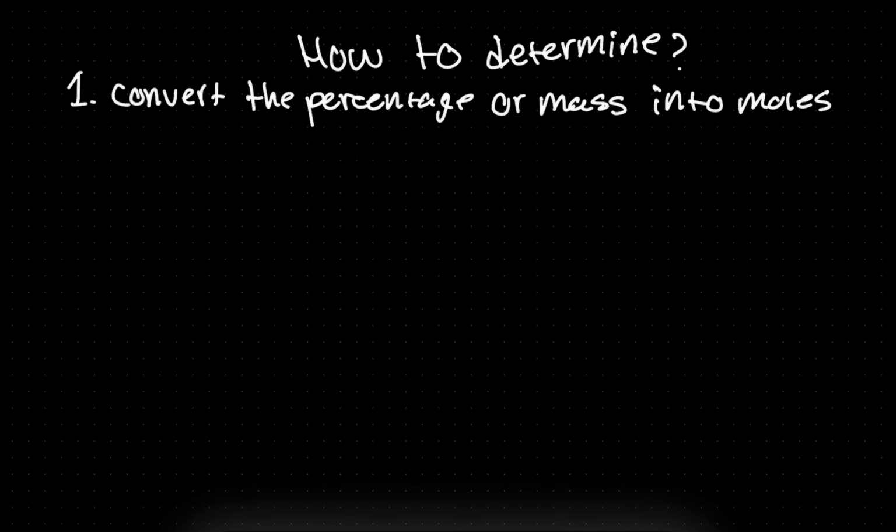That's simple, right? It's in one of my previous videos. You just turn it into moles. So, use the molar mass of each element to turn it into moles. Basically, you divide the amount of the element by the molar mass.